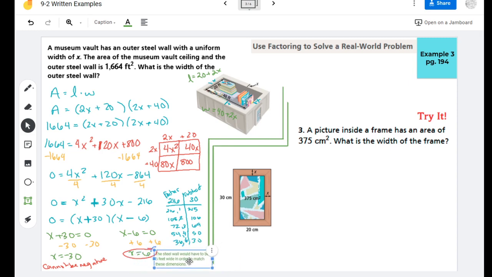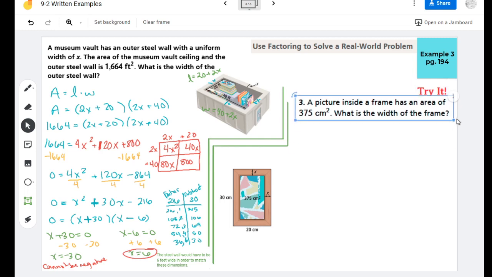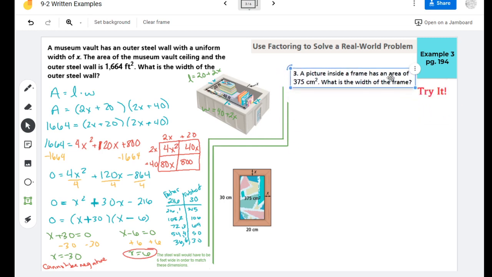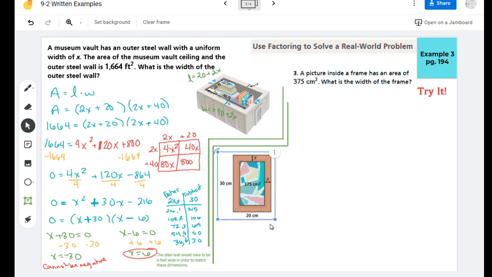Got to make that text really tiny because this was a long problem, wasn't it? So what I'm going to do, because that one was so long, is I'm going to try to get myself a little more room up here. Okay.